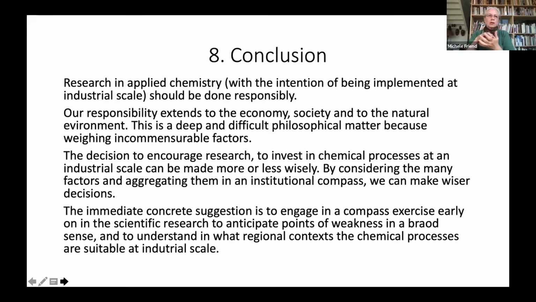In what areas, regional areas, geographical areas, political areas, would it be better to implement at industrial scale this particular chemical process, and maybe in what mix with other sorts of processes.